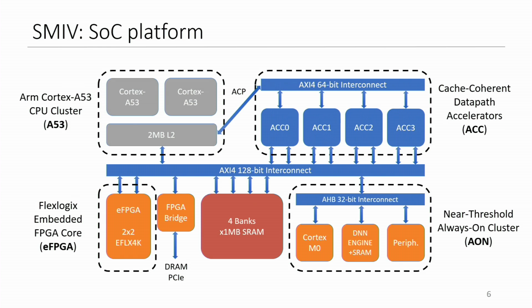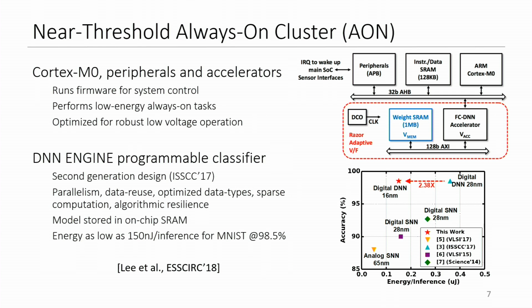This is kind of a new thing for SoC, and that's connected to the SoC interconnect as a standalone accelerator, so the CPU can drive that and use that as it wishes. We also have 4 megabytes of SRAM on the SoC, and this is really important for the neural network workloads because they require lots of storage. And we also have an off-chip link to an FPGA board, which we use for our DRAM main memory and some other peripherals. So I'll quickly walk through those blocks in turn.